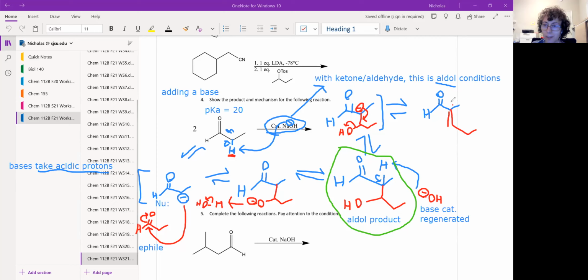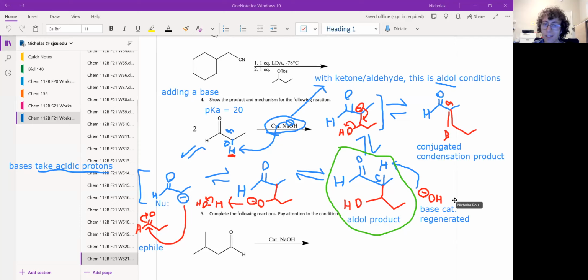And the double bond is on the alpha and the beta positions, and it's conjugated with the aldehyde. So yeah, this is the final product. You can also get a conjugated product, like with the alpha and beta positions having a double bond.